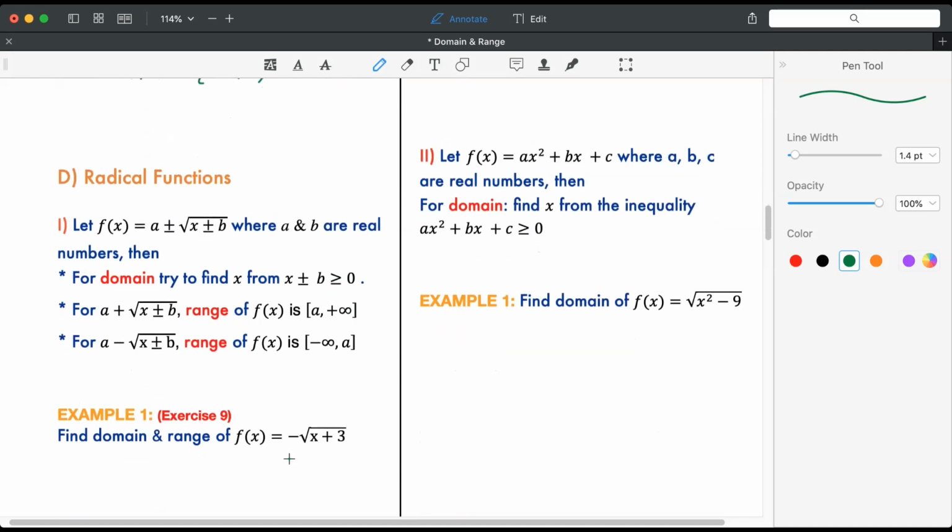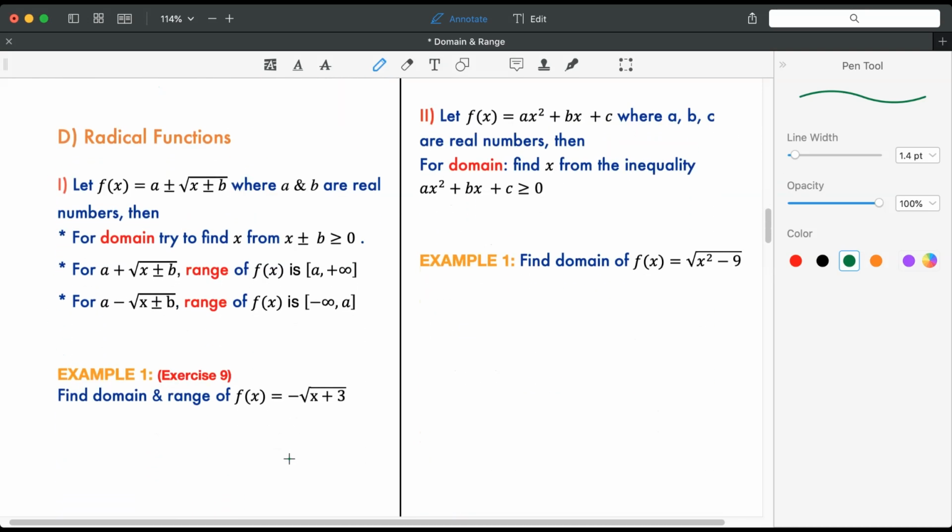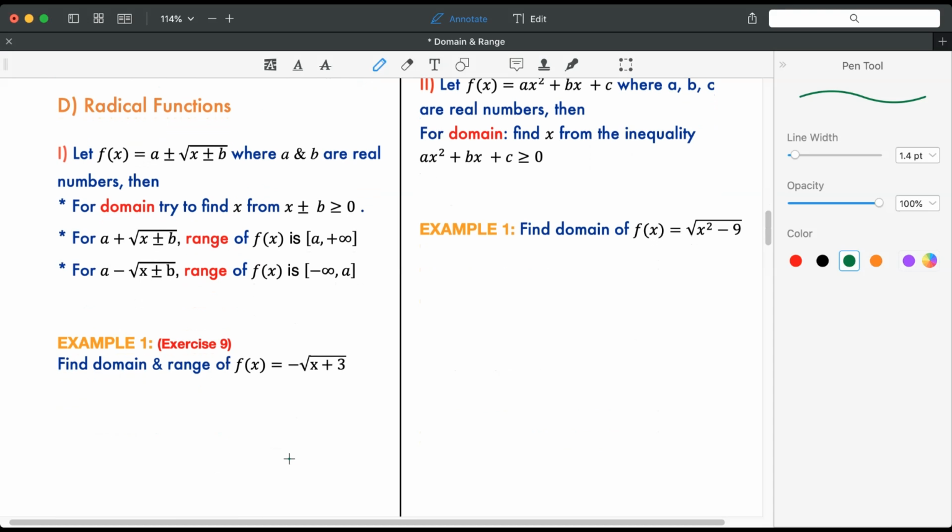So that's enough for finding domain and range of rational expressions. Now radical functions. We also have a bunch of rules for radicals. So let f of x be a plus or minus the square root of x plus or minus b.